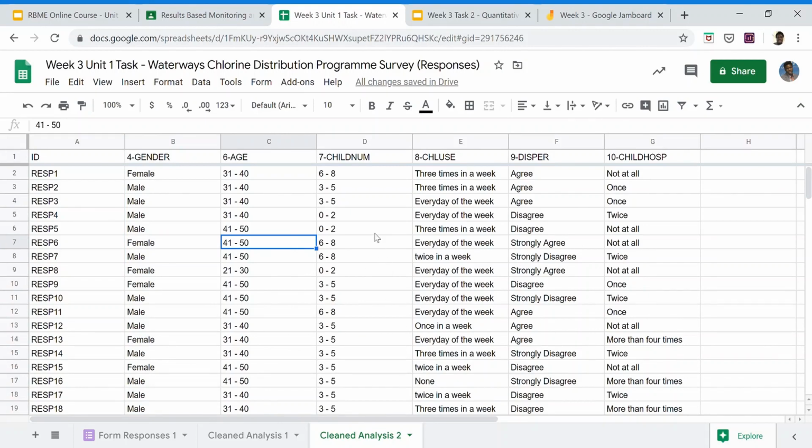One tool that you can use in quickly doing analysis across variables, like looking at genders that use chlorine 3 times in a week, we call cross tabs in SPSS, the statistical software for social sciences.